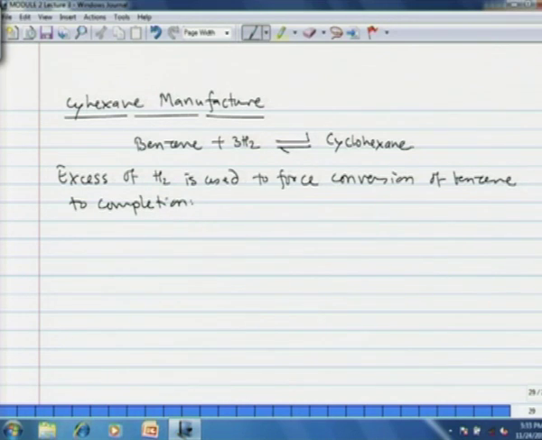We shall see a detailed analysis of this process later in this module. The bottom line is that due to this excess, the molar ratio of reactants is an important design variable.